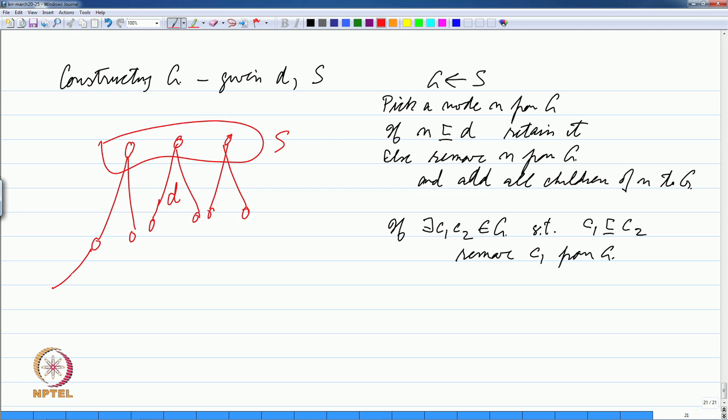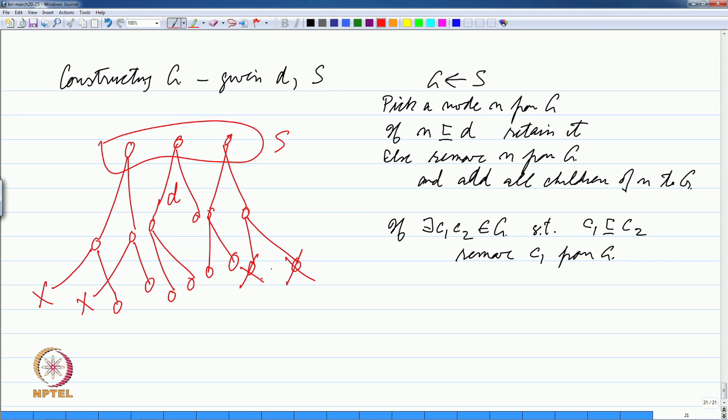So, if a child is not subsumed, we just throw it away, but if a child is subsumed, we keep it. So, likewise, let us say we throw this away, we keep this, then we keep this, and let us say this is the end of our tree essentially. So, let us say we throw this away. So, we are left with this set at the end of this.